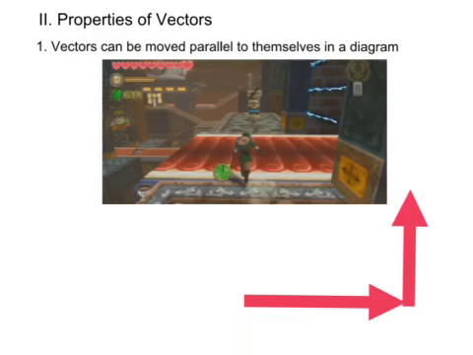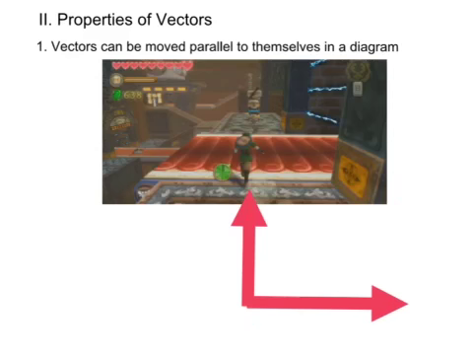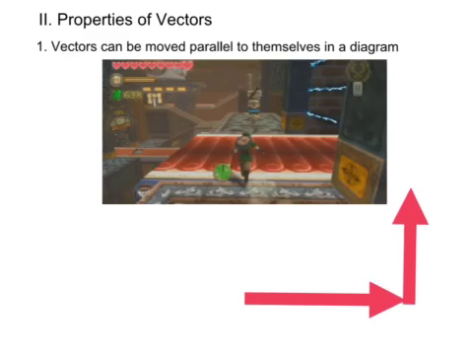So I can move the arrow representing Link's velocity vector to the tip of the velocity vector of the conveyor belt, and it doesn't change that vector at all. Okay, I could also move this one up here, right? And it's important and quite obvious that when you do that, we end up with this right triangle right here.